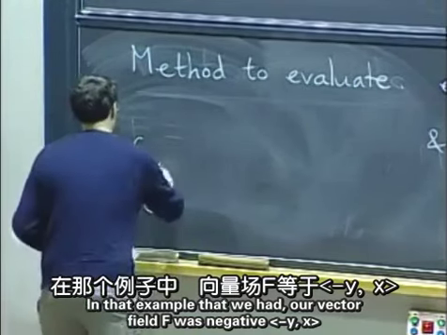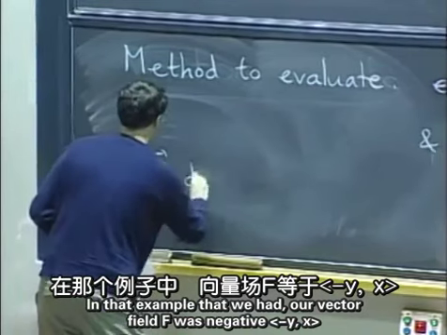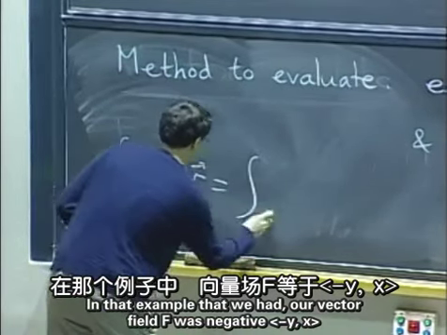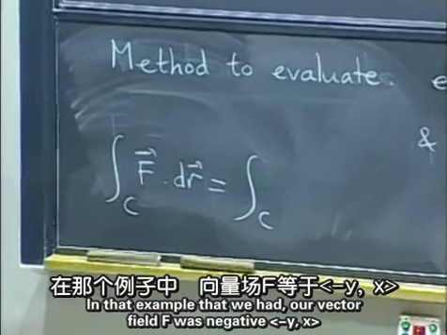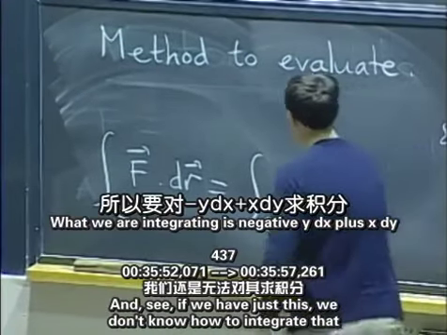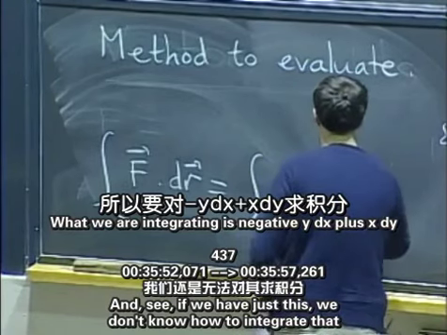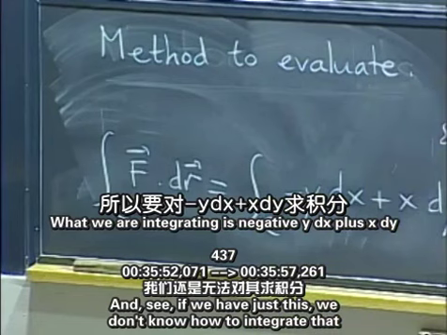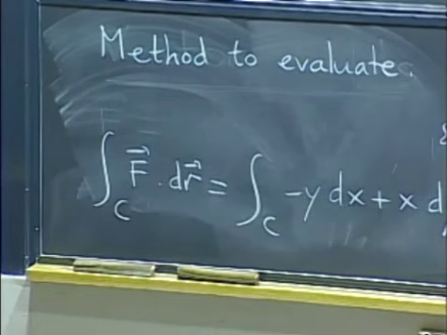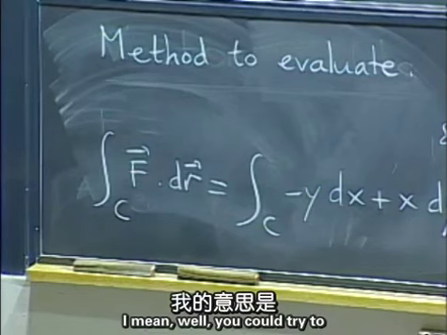In that example, our vector field F was negative y, x. So what we're integrating is negative y dx plus x dy. If we have just this, we don't know how to integrate it.